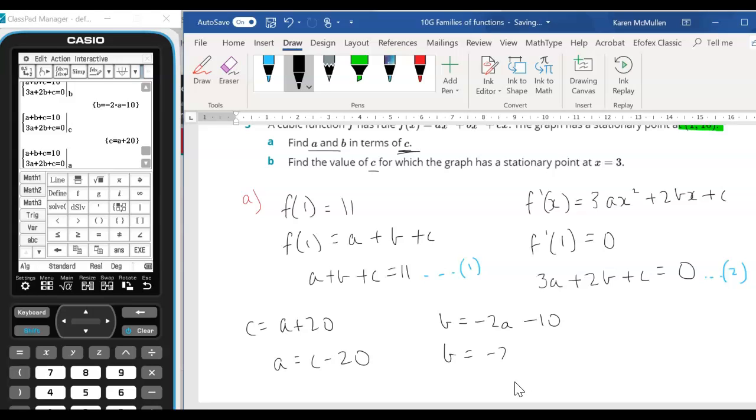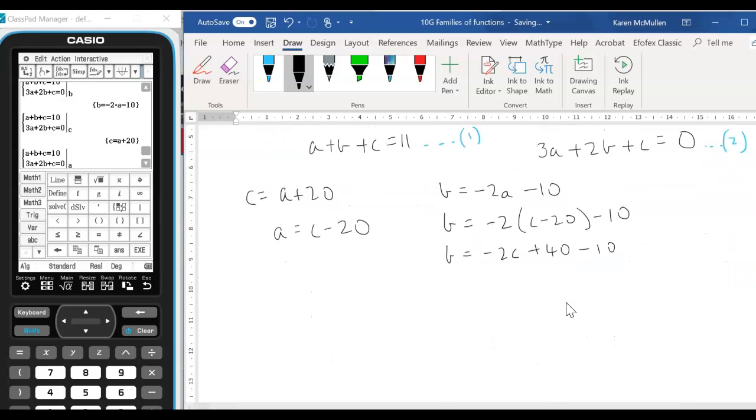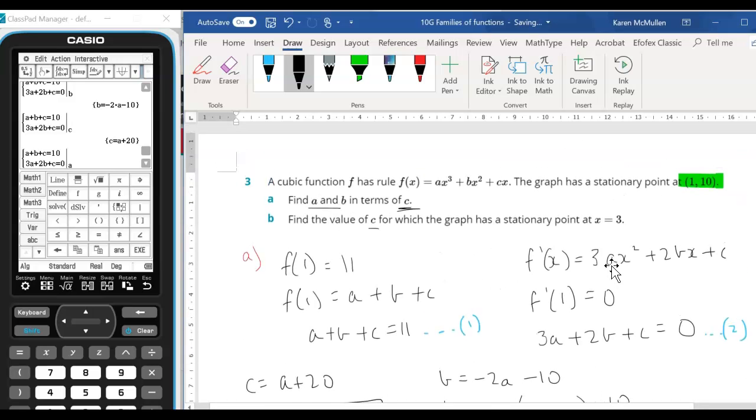So B is equal to negative 2C minus 20 minus 10, and I get B is equal to negative 2C plus 40 minus 10, and I'll just scroll down a bit more, and I get B is equal to negative 2C plus 30. All right, so just having to play around a bit with what you get in your calculator to get A and B in terms of C.